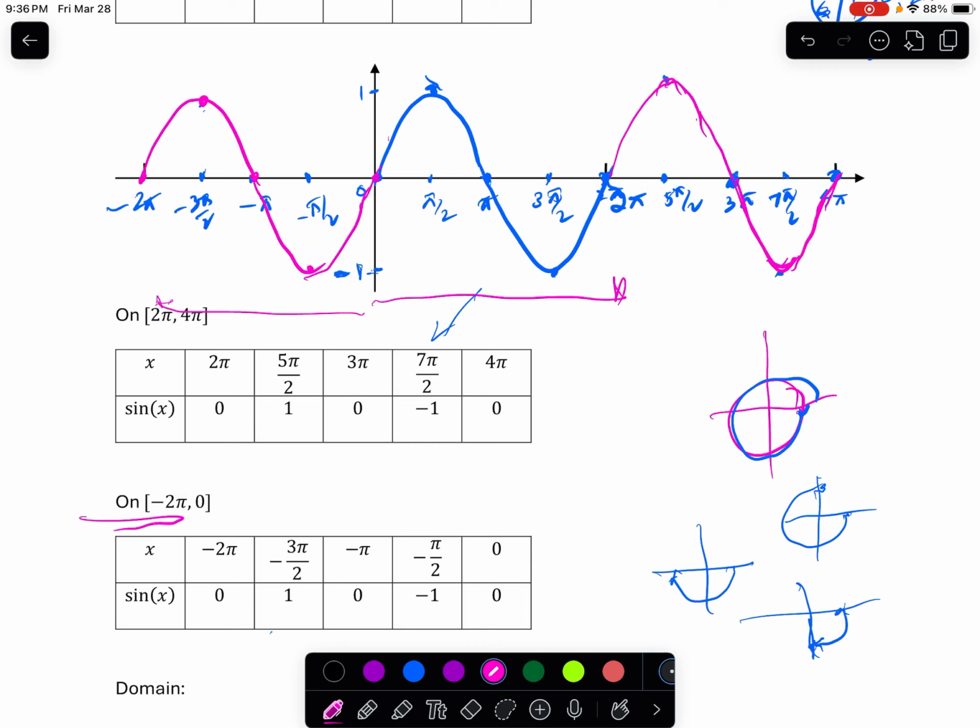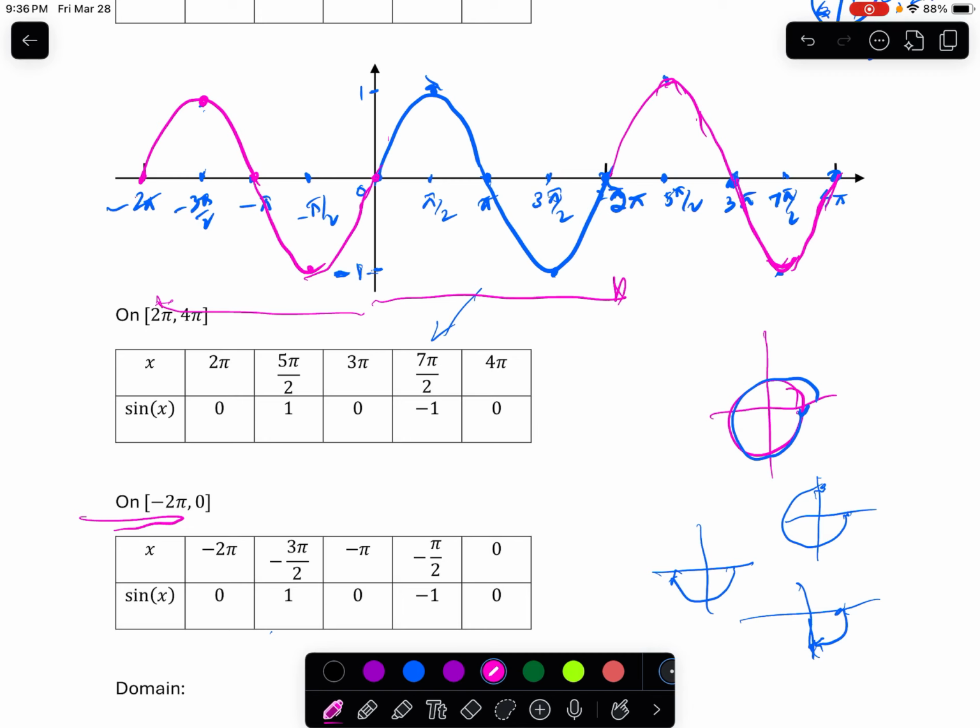So notice here that the graph, the first piece that I drew here, the portion of the graph between 0 to 2 pi. Can you see the other two pieces are exactly the same? So it means the graph is repeating itself after every 2 pi.